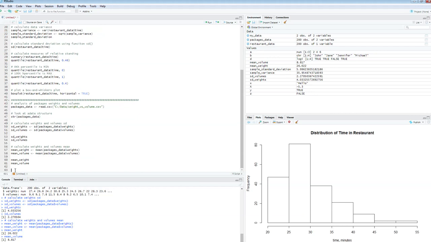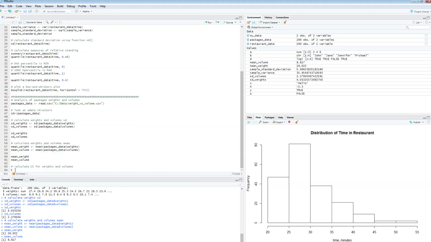Okay, and now I'm going to calculate, because I have to compare unitless measures of variability, and that would be CV, right? Calculate CV for weights and volumes. Okay, so CV underscore weights is simply SD for the weights divided by the mean underscore weight.